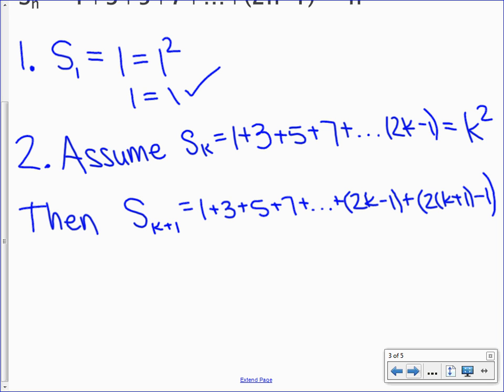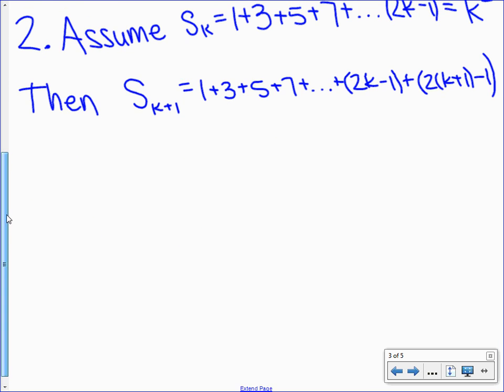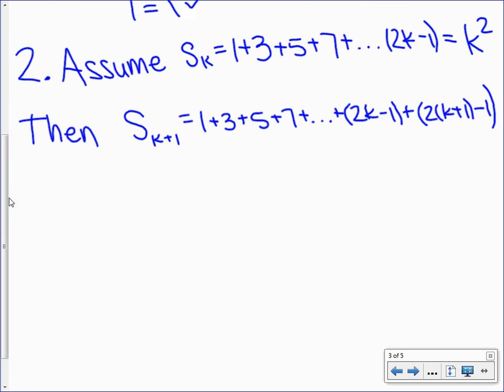Now, we're not going to write what this equals. We need to show that this equals what? This is where your practice comes in from yesterday. If s of k is k squared, what do we need to show s of k plus 1 equals?